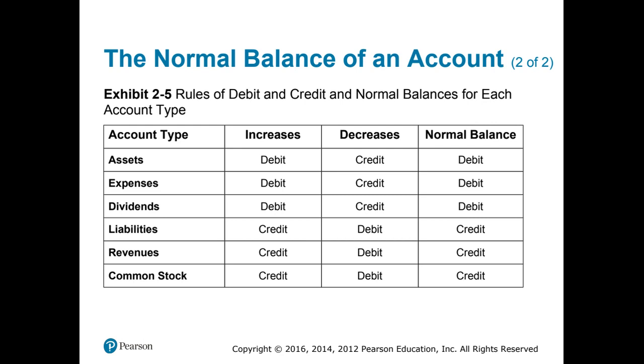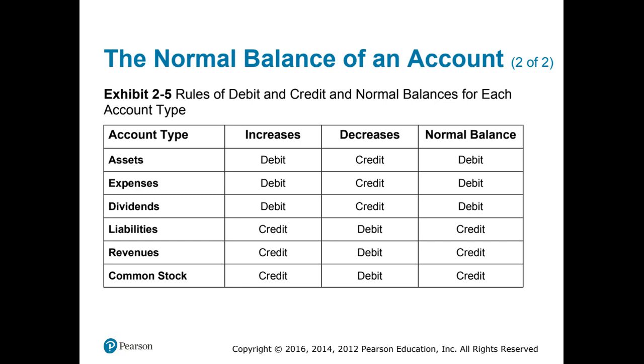And then this gives us an actual breakdown of those accounts. The normal balance of an asset account: it increases with a debit, decreases with a credit. So the normal balance for the asset account is a debit. Expenses increase with a debit, decrease with a credit.